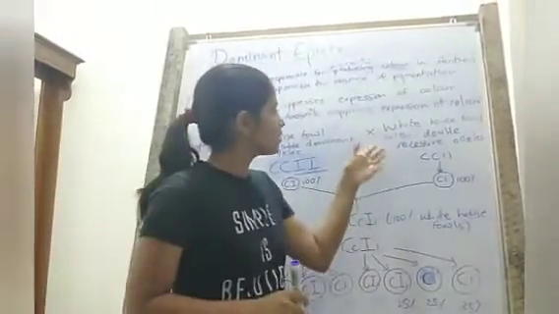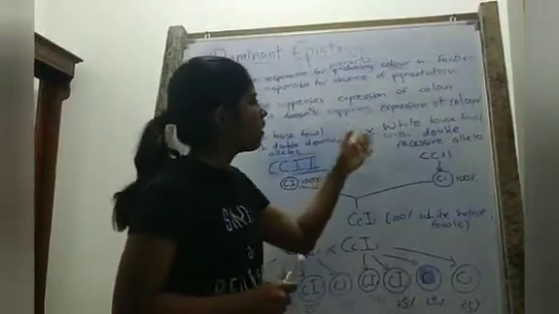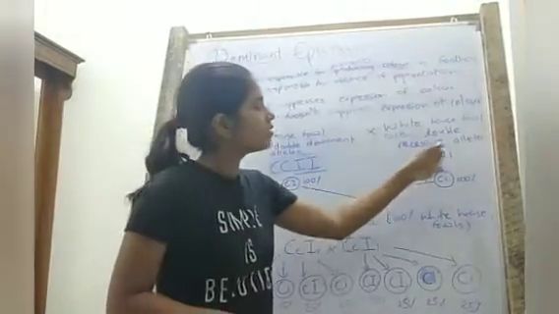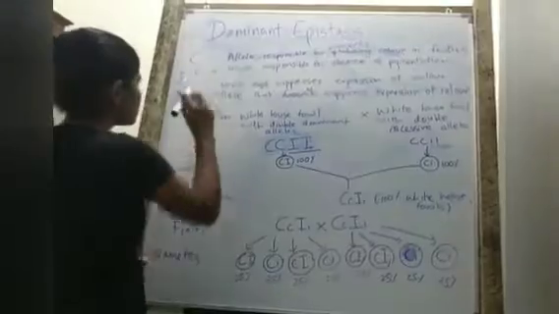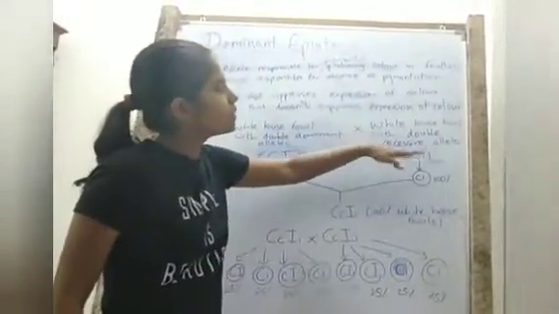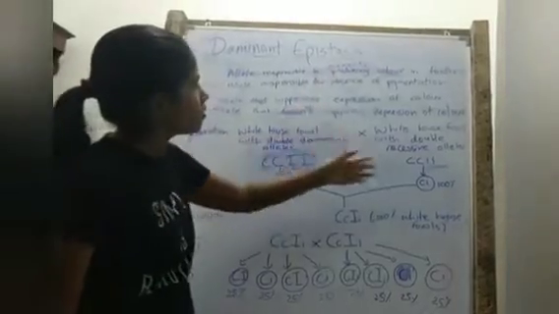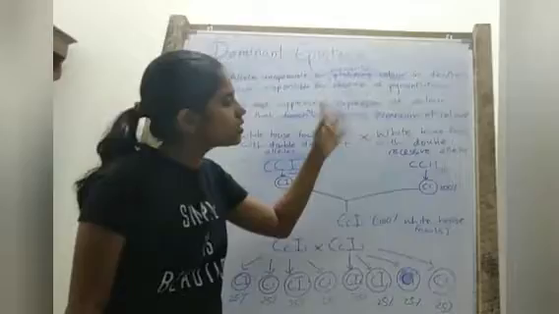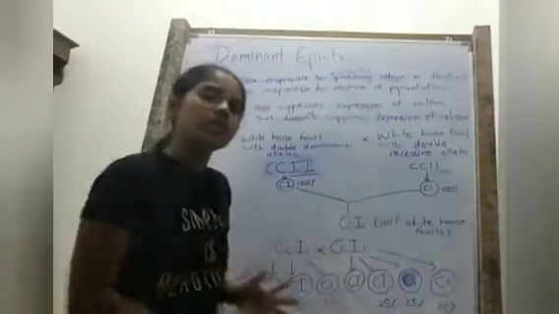And then, this is the other parental generation, white house fowls with double recessive alleles, simple c, simple i. Simple c is the allele responsible for absence of pigmentation. So here we have two simple c alleles. Therefore, naturally the plumage is white. Plumage is colorless.